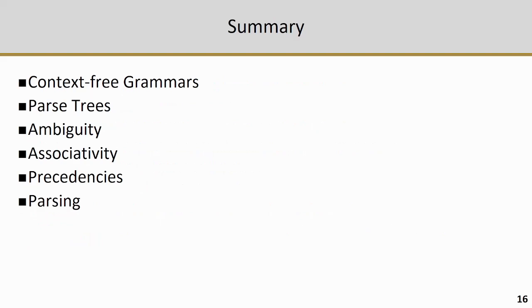So, in this presentation, I have introduced the simple way of definition of context-free grammars, which is to be applied during this class. I have introduced the parse trees and what ambiguity means in case of grammars, and I have shown how to describe in the language the associativity of operators and precedence of the operators.